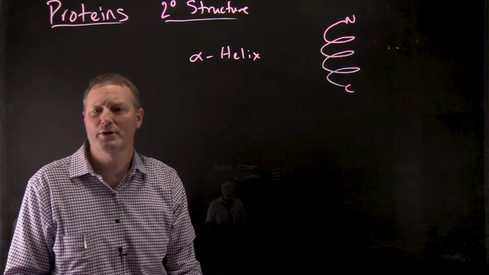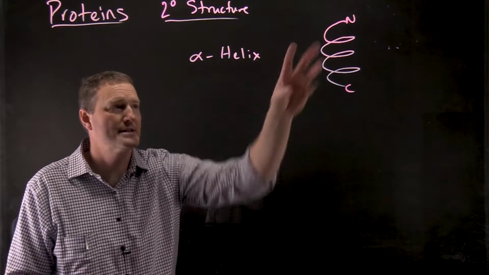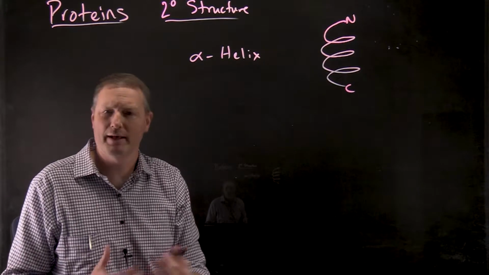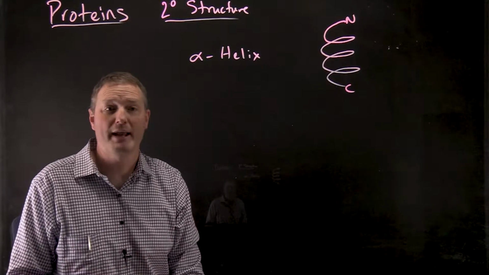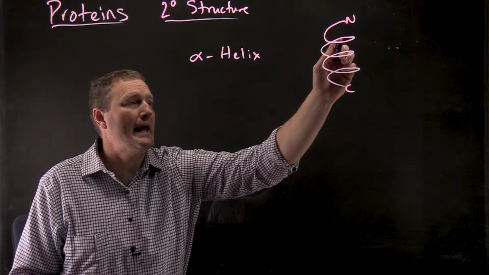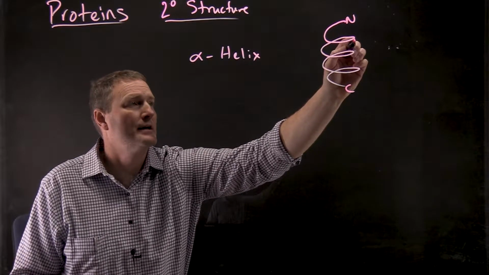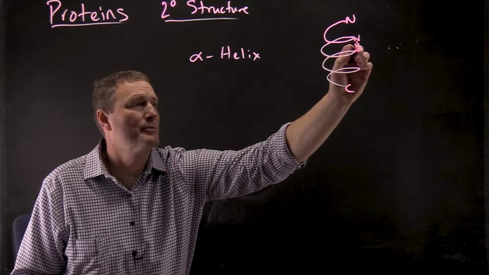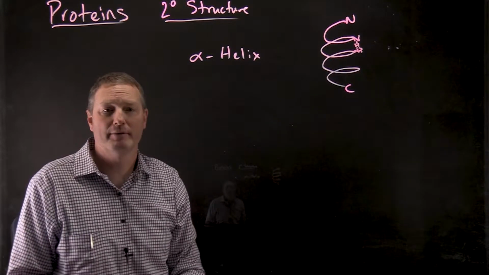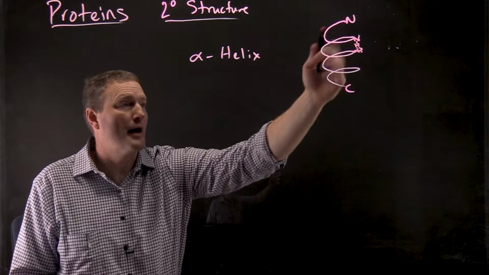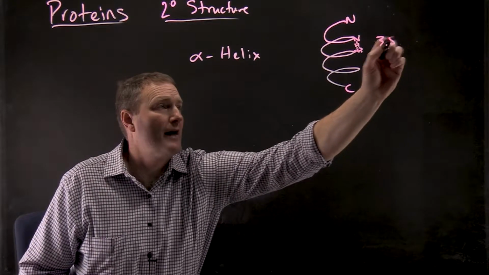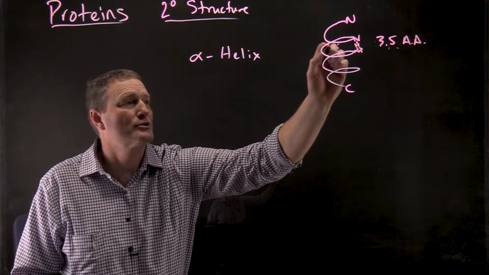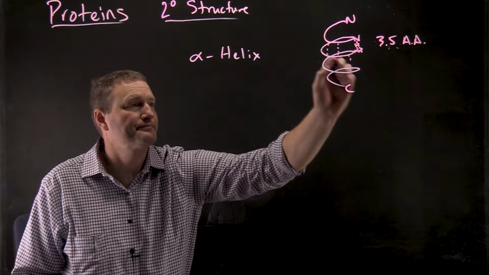Certain sequences and certain amino acids like to form this type of corkscrew-like helical structure. If you envision a spiral staircase, it has that look to it. What happens here is you have NH groups that are hydrogen bonded to the amide carbonyl group about 3.5 amino acids away, and you end up forming these throughout the entire structure.